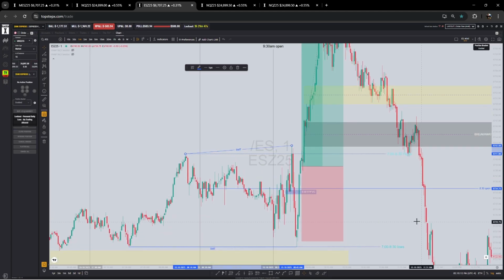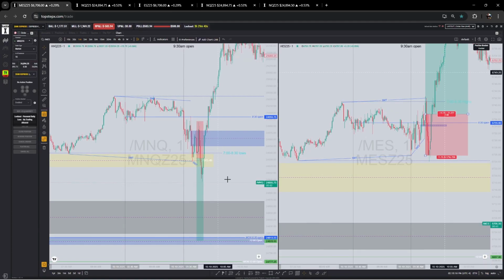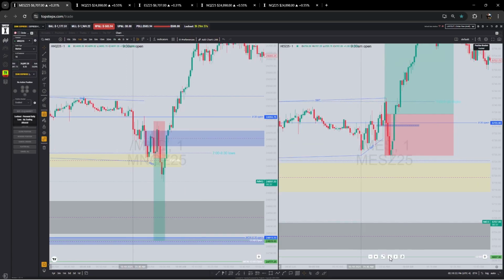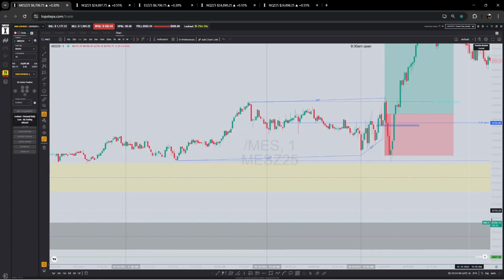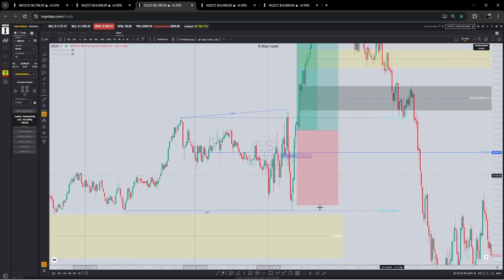We made equal lows in ES, while we took it on the micro ES. As you can see, price traded below here. You see price traded below the lows between 7 a.m. and 8:30, but on the mini chart we made equal lows.